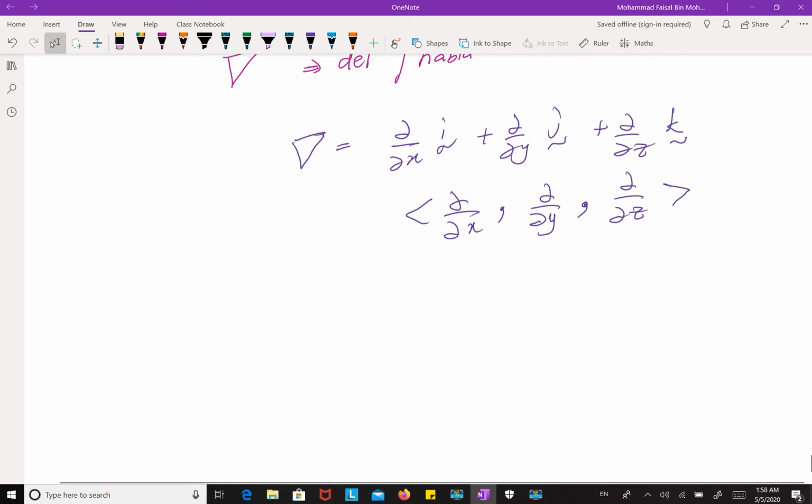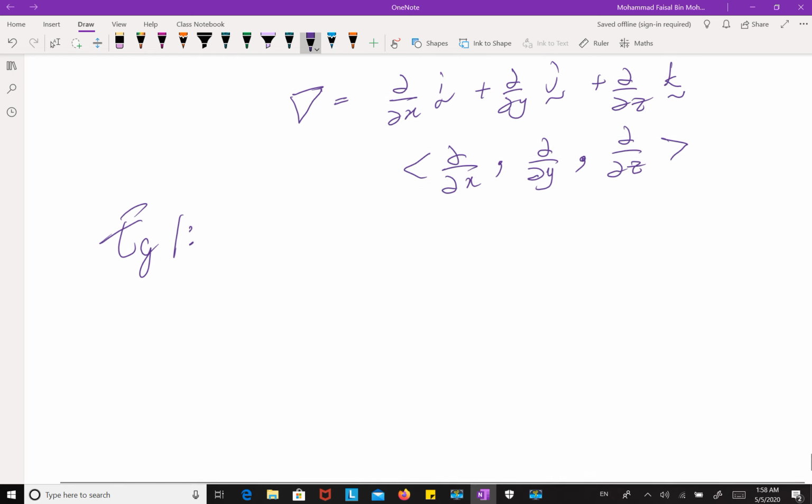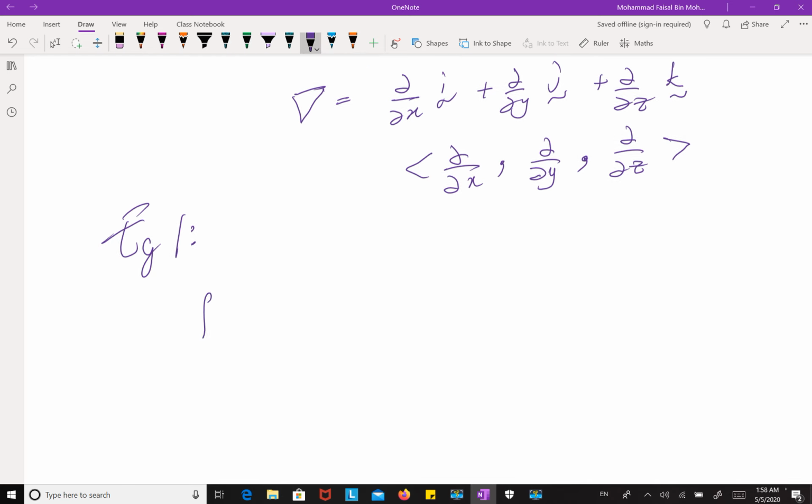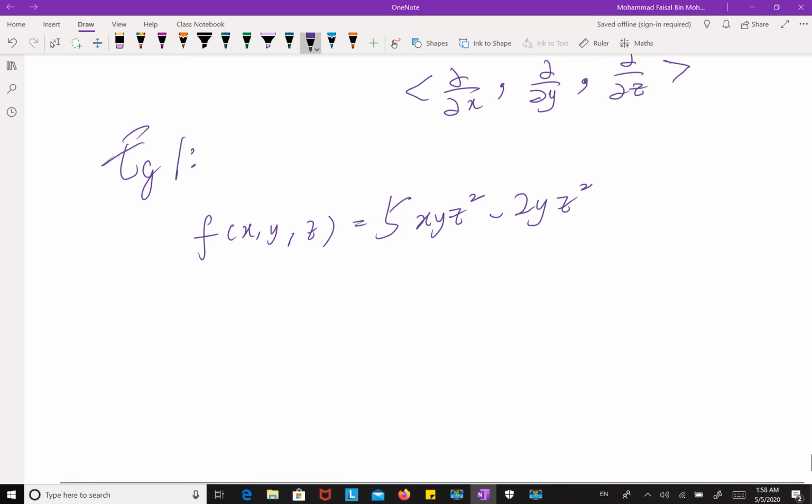Okay, we should go for example 1. If f of x, y, z equals 5xyz squared minus 2yz squared, find the grad f at 1, 2, negative 3.